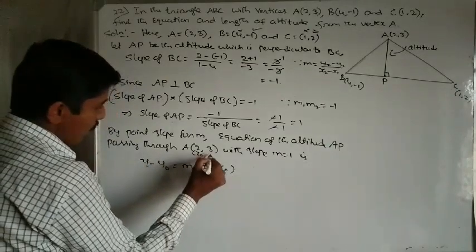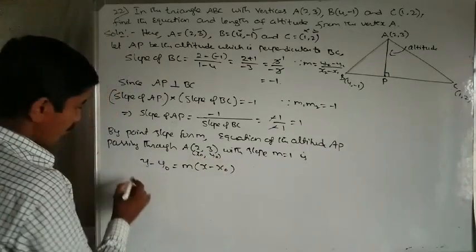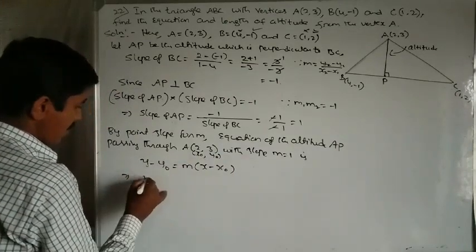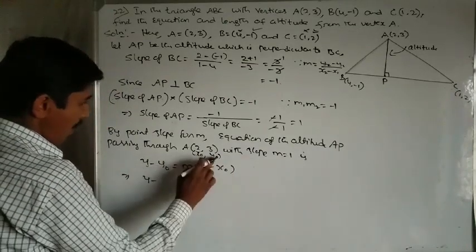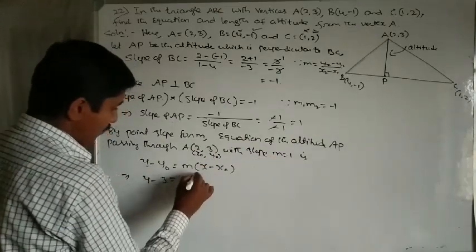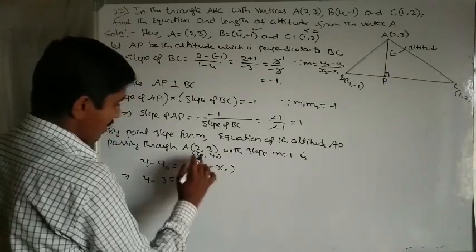Here x naught is equal to 2 and y naught is equal to 3. Substitute the x naught, y naught and m values. Y minus y naught is y minus 3, slope m is equal to 1, and x minus x naught is x minus 2.